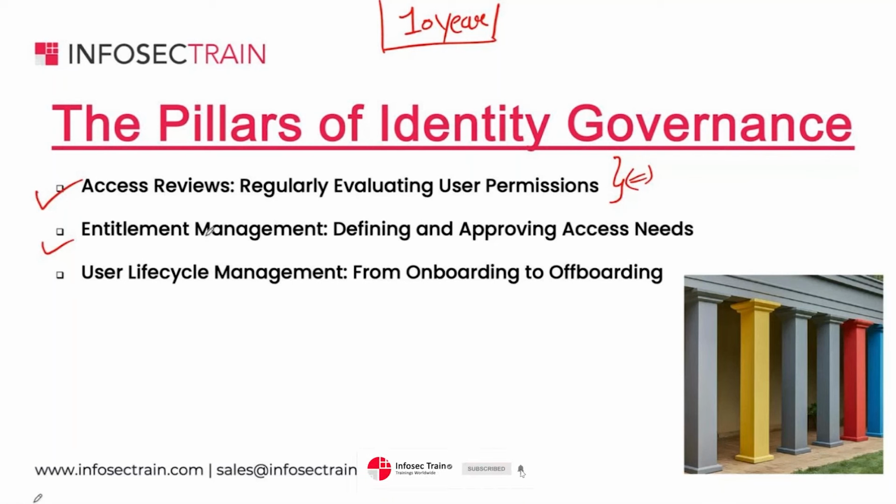Now, if we talk about user lifecycle, the third thing is user lifecycle management. It is total from onboarding to offboarding. This is the ongoing process which makes sure that user identities are properly provisioned with the necessary access when they join the organization, managed and monitored throughout their employment, and ultimately deactivated when they leave the organization.